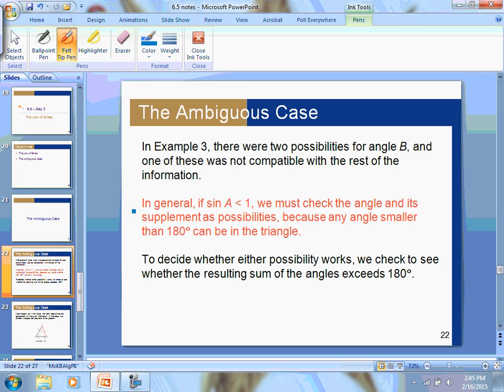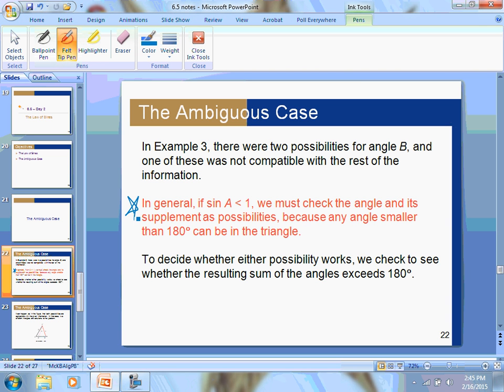Now, this note in red here is basically what you have to remember. If we're taking the sine of some angle, and that value is less than 1, this is where you have to check to see if you have two triangles. So once you do the inverse sine of that value that's less than 1 in your calculator, you're going to get an angle measurement, and then you have to subtract it from 180.